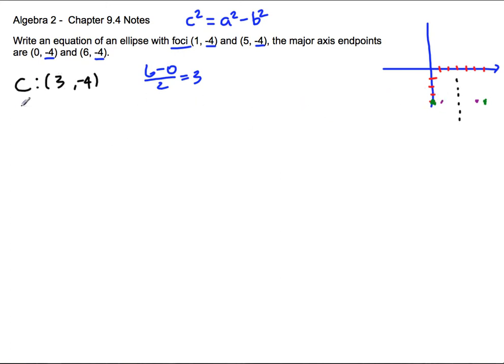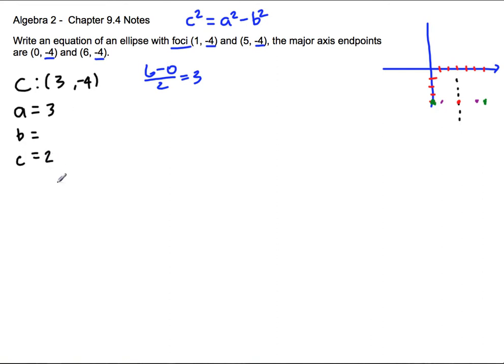Now, what about my a value then? Well, the a value is the distance from the center to the vertex, and in this case, that's going to be 3. What about my b value? I don't know. Well, what about the c value, the distance from the center to the focus? If my center is at the point (3, -4), and I move to a focus, I move from 3 to 4, from 4 to 5, so I'm moving 2 units.